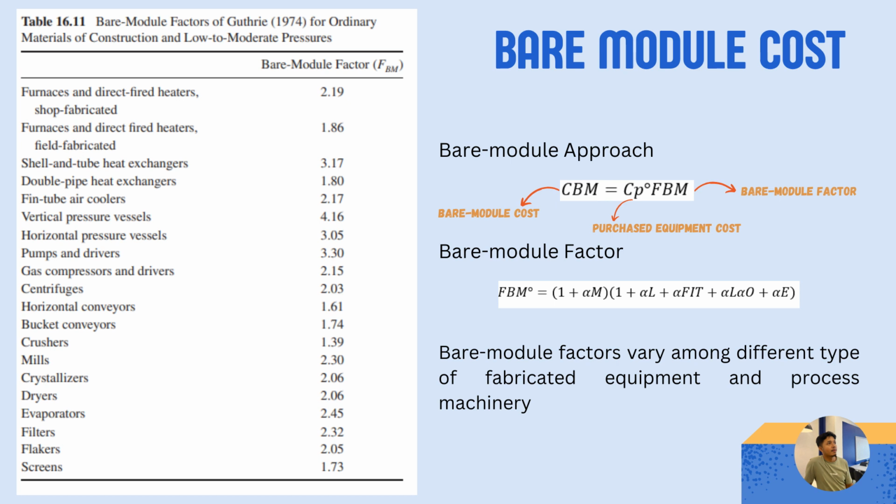So to calculate FBM, we use the equation 1 plus alpha m multiplied with 1 plus alpha L plus alpha FIT plus alpha L alpha O plus alpha E. So bare module factor varies among different types of fabricated equipment and process machinery.